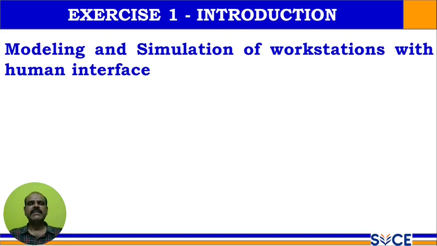So the title of the first exercise is modeling and simulation of workstations with human interface. The basic idea is that you are going to be introduced to the various aspects of factory simulation, of course, in the beginning stage. The initial act will be modeling the workstations.